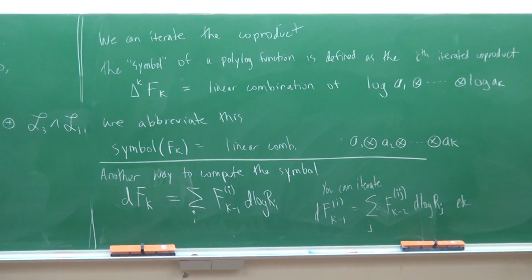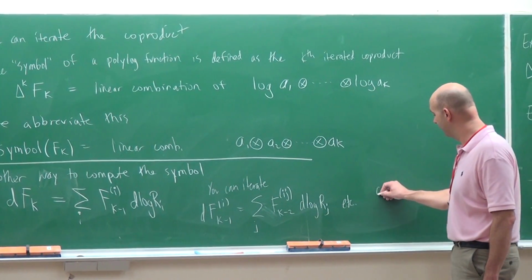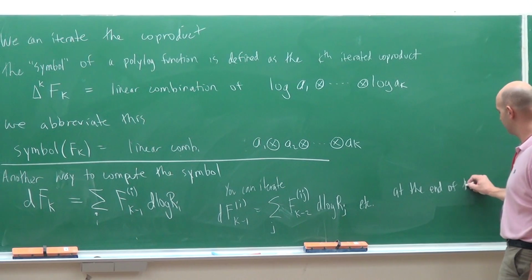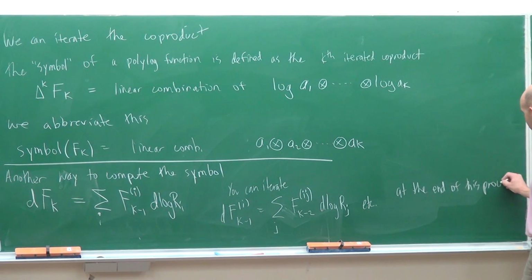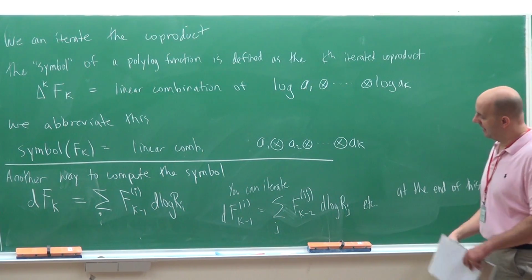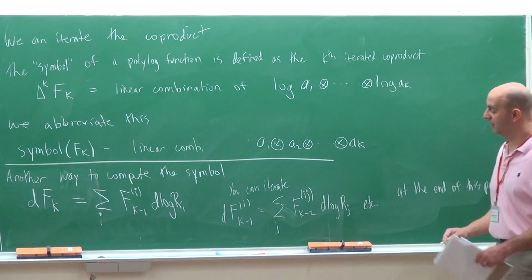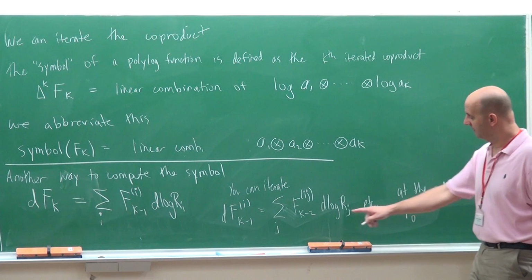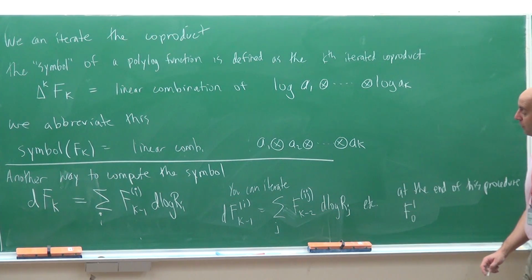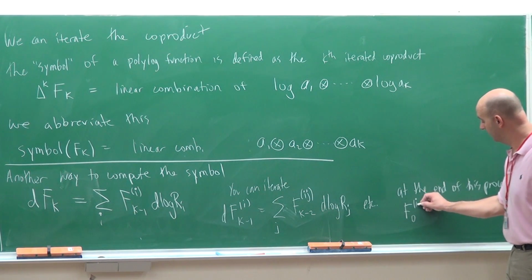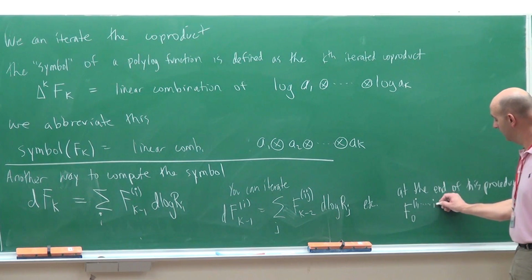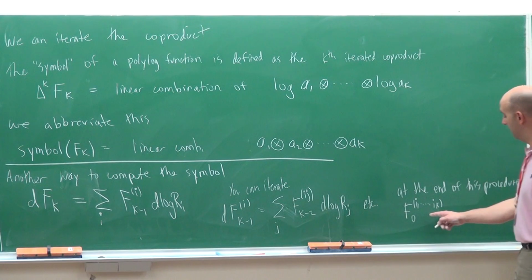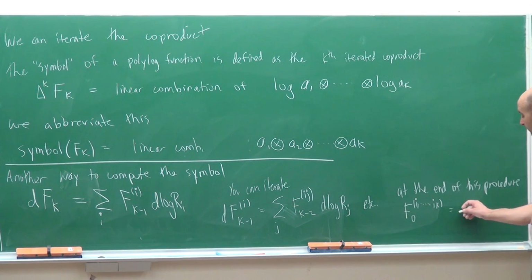Until finally, at the end of this procedure, you'll have a collection of numbers. So you'll come down to coefficient functions that have k superscripts here, but their weight is 0, so they'll just be numbers.